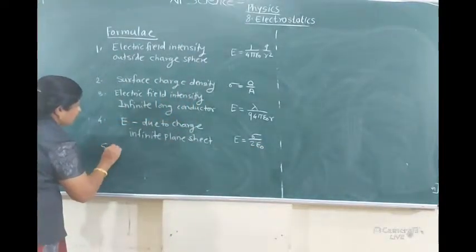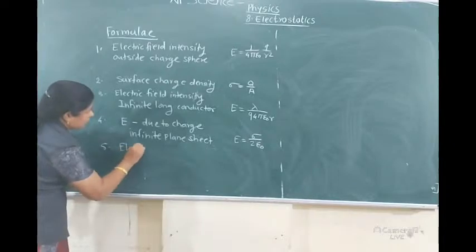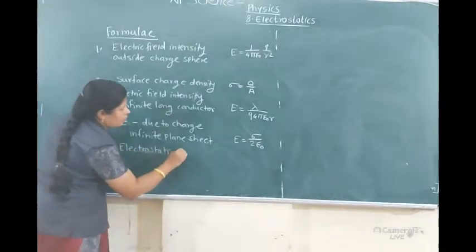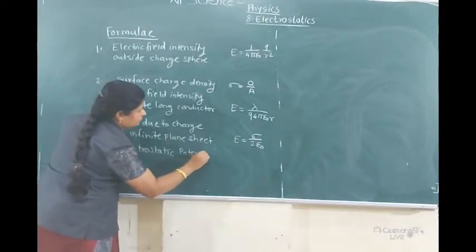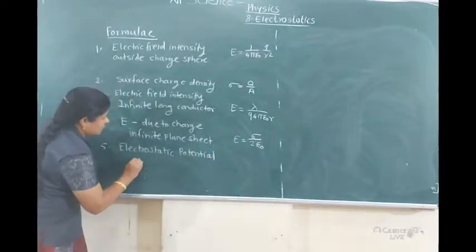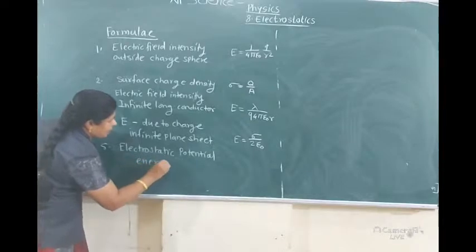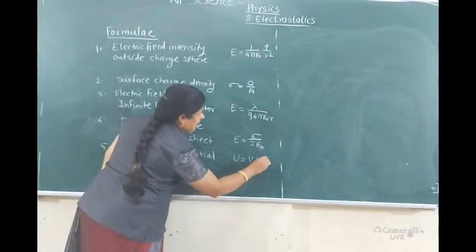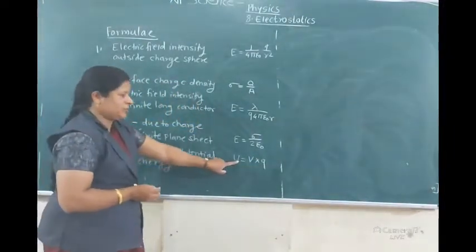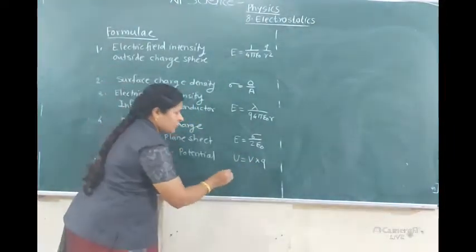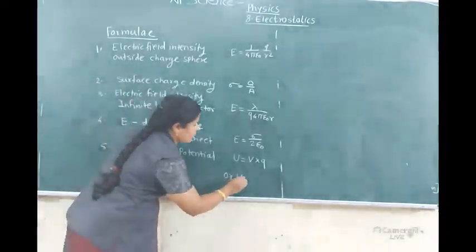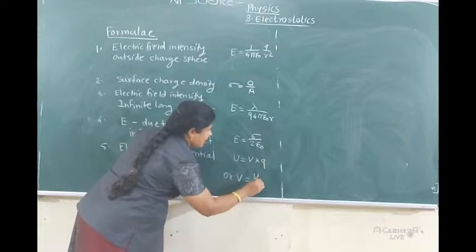Next formula, for electrostatic potential energy, U is equal to phi multiplied by Q. Or for electrostatic potential, phi is equal to U divided by Q.